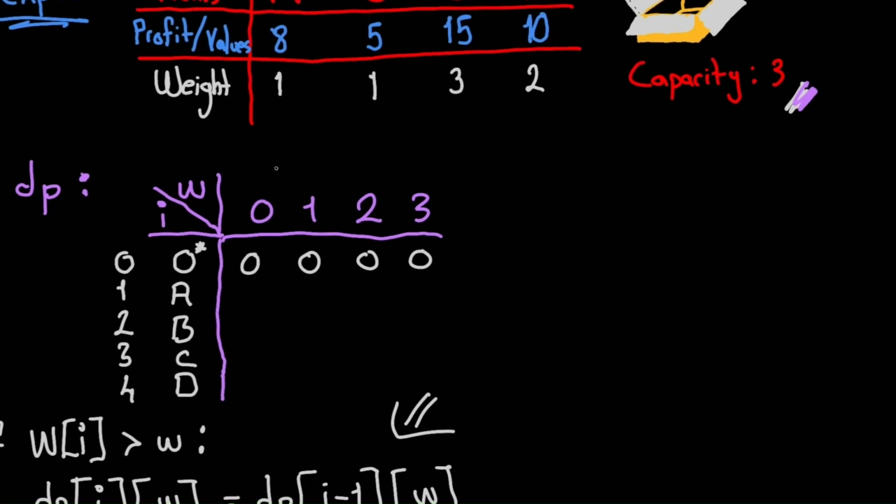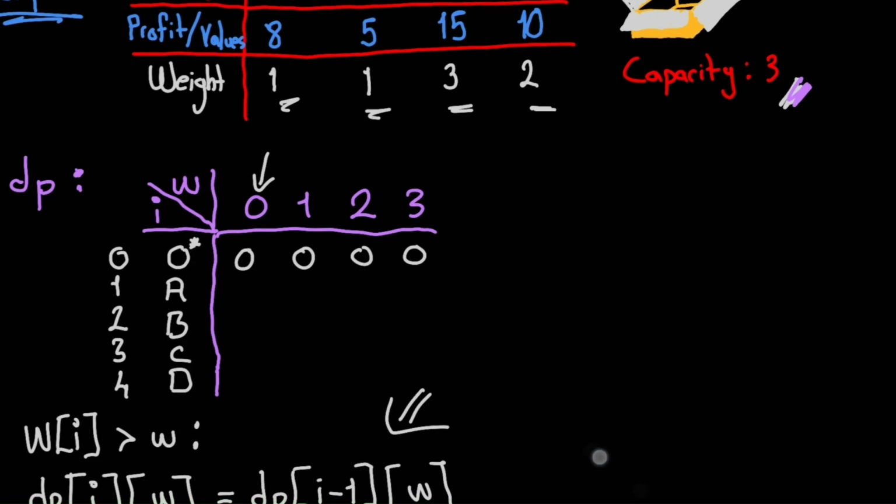Okay, the first column is indicating if the current capacity is 0. If the current capacity is 0, that means that we can't put any item, right? Because all of our items have weights greater than 0, so we can't put any item when the capacity is 0. So we can also fill the first column with all zeros.